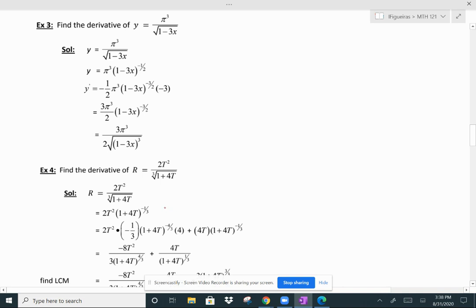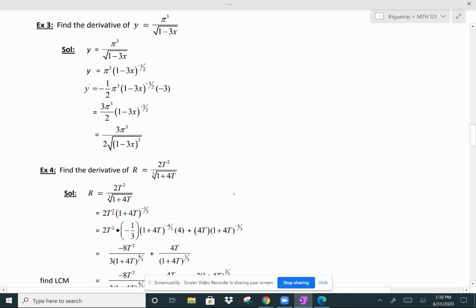So I rewrote r as 2t squared times (1 plus 4t) to the negative 1/3. So again, the radical got written as an exponential expression, and by bringing that up to the numerator, I now have a product. And a product means that you have to use product rule on these two variable expressions.